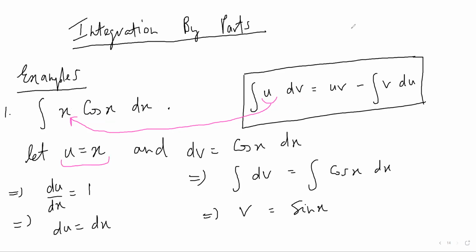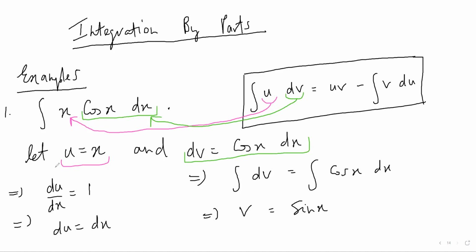And next, we assign what's remaining in the integral to dv, which is cos x dx, which is what we did here by saying let dv be equal to cos x dx. That's what we do first. We start the integration by parts by assigning in this way.